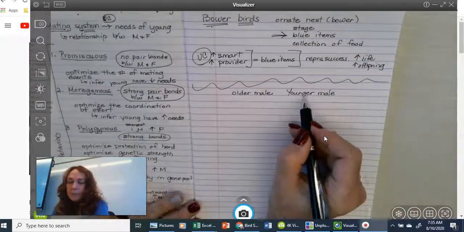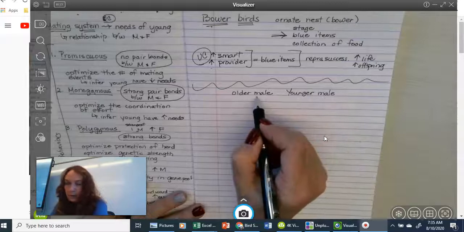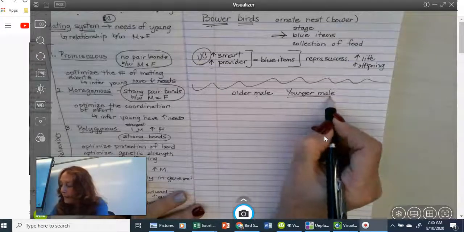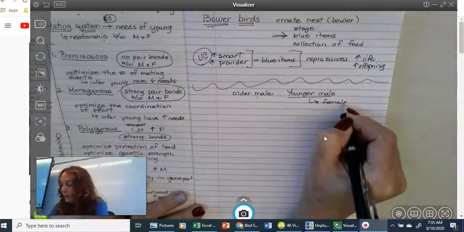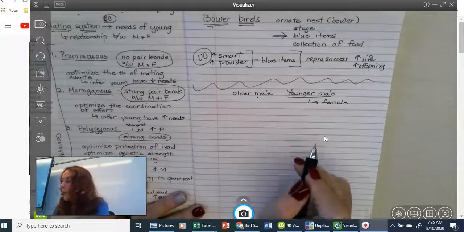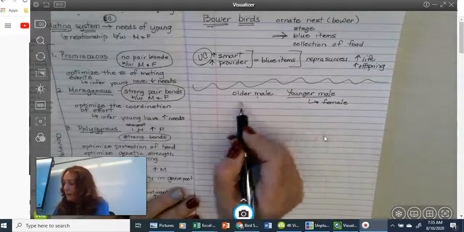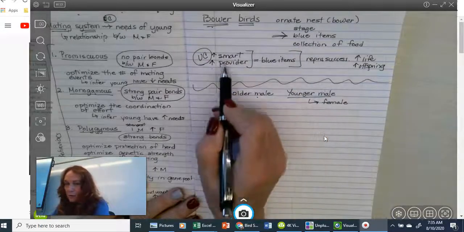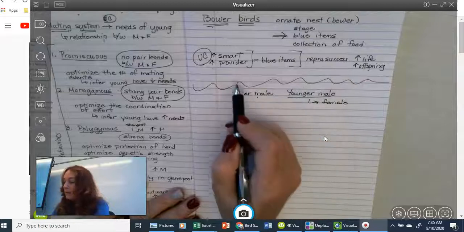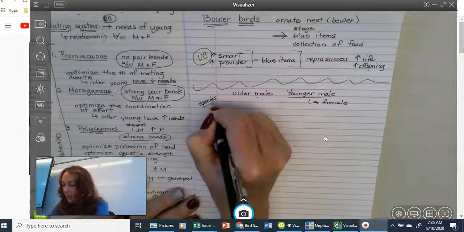So all of the different ways a younger male could look, just like the older male but smaller, is what tends to happen. The younger male here looks like a female. What in the world? What would ever be the point of that? It is such a cool reproductive strategy and something that is selected for in this particular species. Let's think about why.